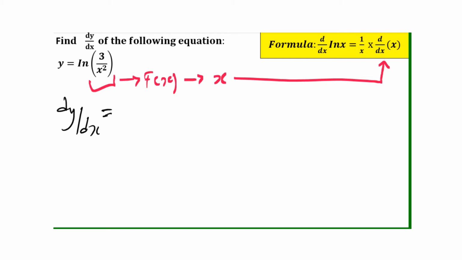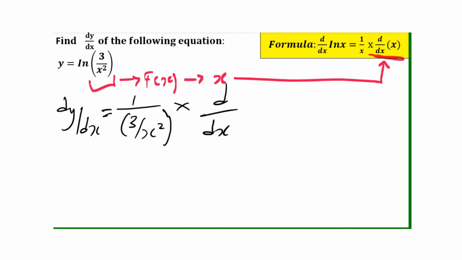Just add this part on your formula sheet and always remember this part, it's easier that way. So you're gonna have 1 over whatever you have, which is 3 over x squared, then multiply by your d over dx of 3 over x squared.